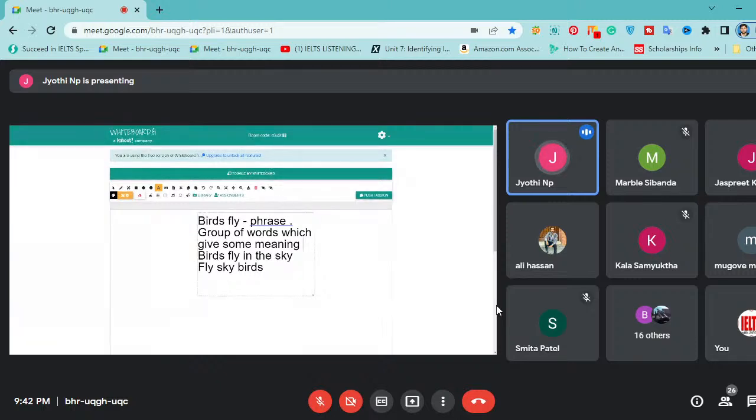Now the second one is what we call a sentence. Here the definition is a group of words. Guys, kindly mute yourselves.